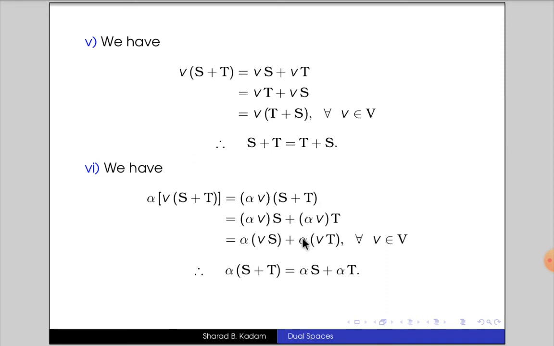Again, by the way of defining the binary operation, this equals alpha into S(v) plus alpha into T(v) for every vector v in the vector space V. So we have shown that alpha into (S plus T) equals alpha into S plus alpha into T.